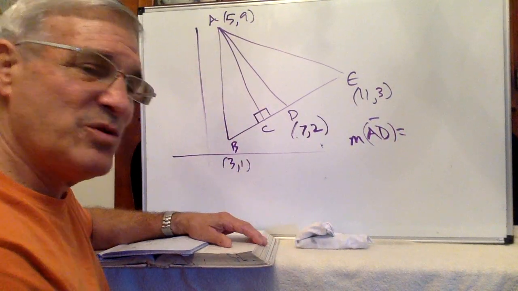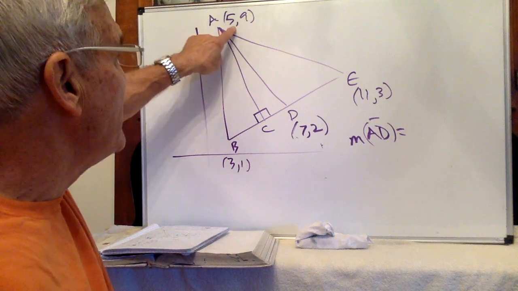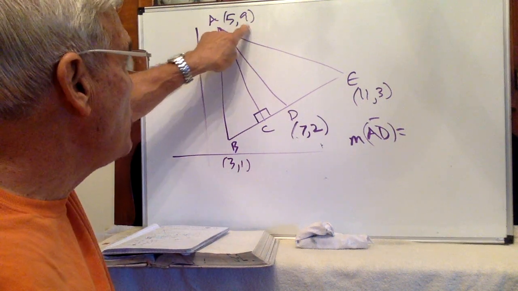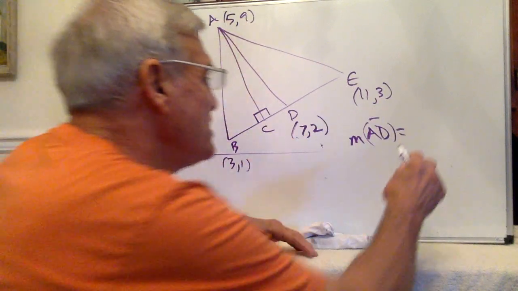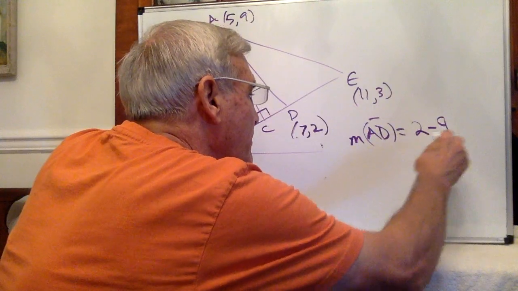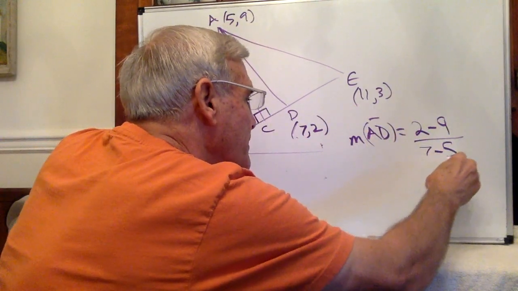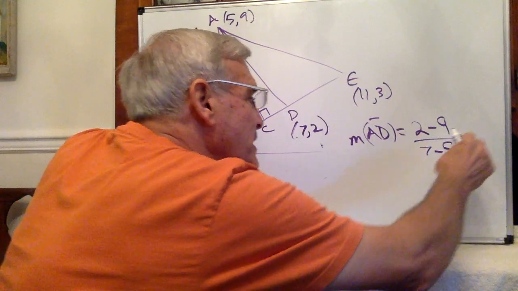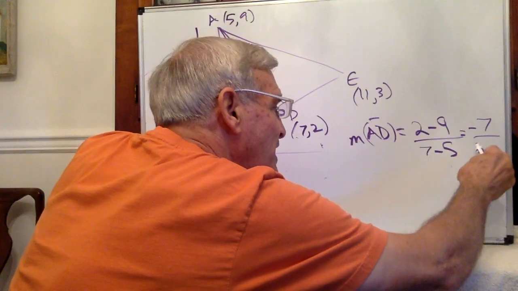Again, it doesn't matter which point you call x1, y1, x2, y2. I'm going to call that one x1, y1. That's x2, y2. So it's 2 minus 9 over 7 minus 5. 2 minus 9 is negative 7 over 7 minus 5, which is 2.